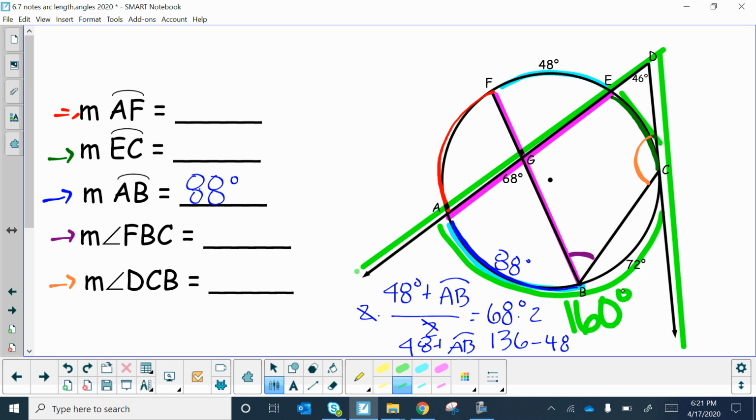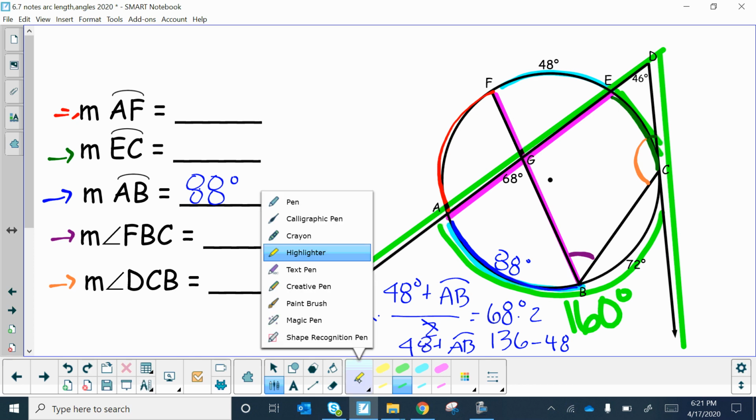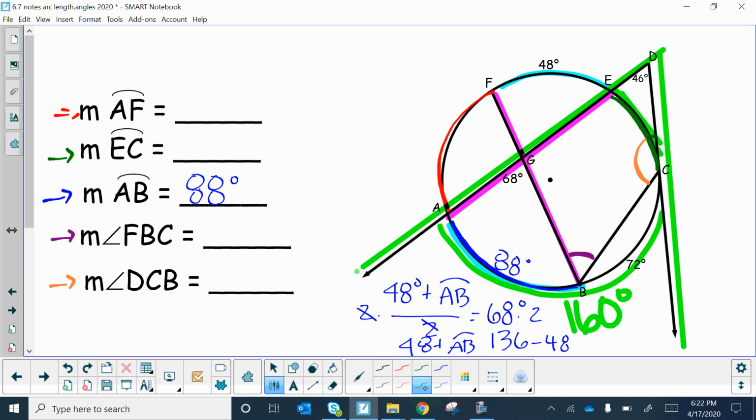Okay, so that's 160. And 160 minus this small arc right here will give me that 46. Let me get my pen. I'm going to write it out up towards the top. It's 160 minus the small arc, which is EC, divided by 2 equals that angle out there, which is 46. So times it by 2, times by 2, 46 times 2 is 92.